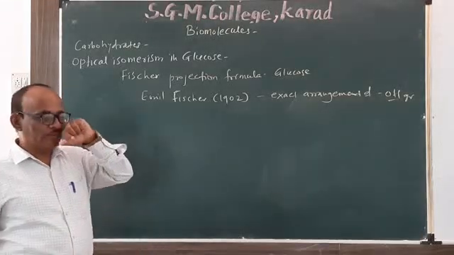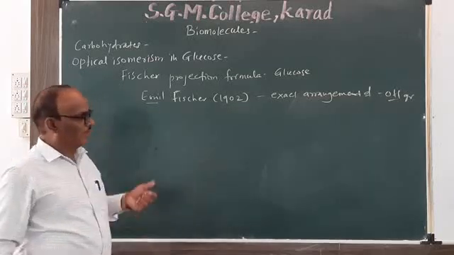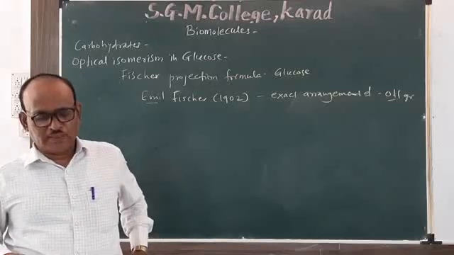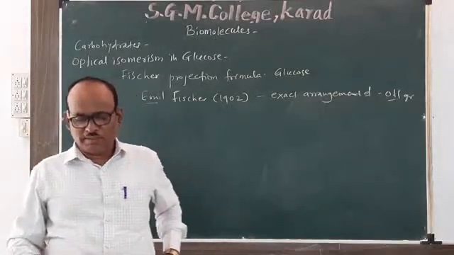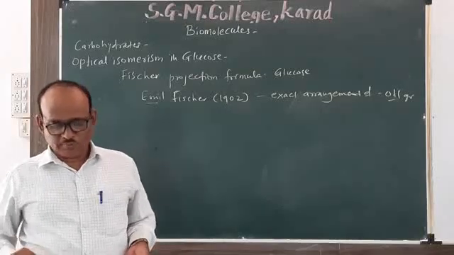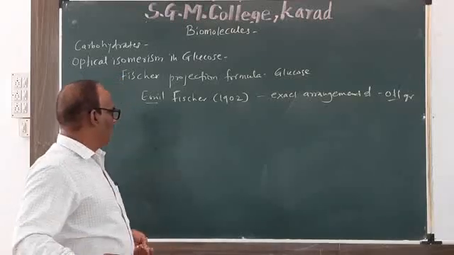A total of 5 hydroxyl groups are attached to 5 carbon atoms, and the position of the OH groups was determined by the scientist Emil Fischer in 1902. That formula is a 3D structure on plane paper.